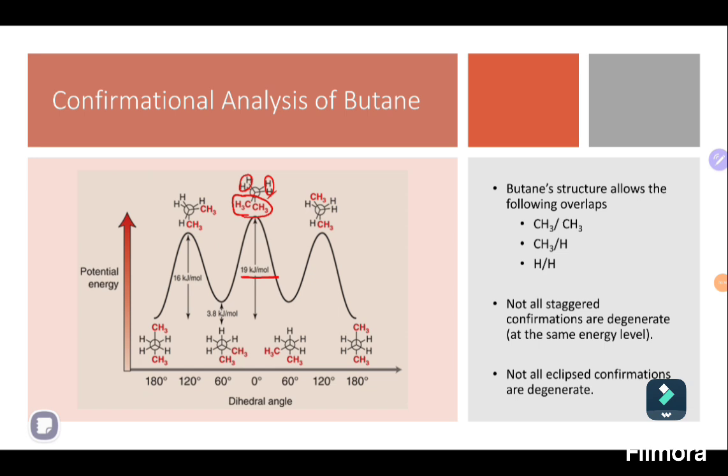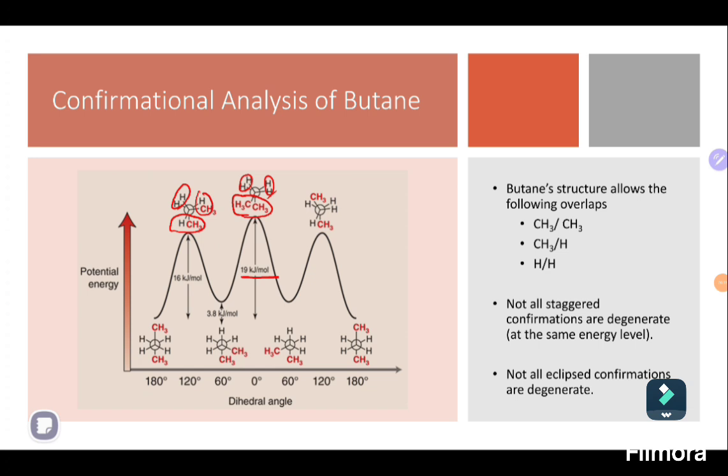Even the other eclipsed conformations of the butane molecule require a substantial amount of energy, because in those cases we have a hydrogen and a methyl eclipsing each other twice, along with the other two hydrogens eclipsing each other, and we can see that that has an energy barrier to rotation of 16 kilojoules per mole.